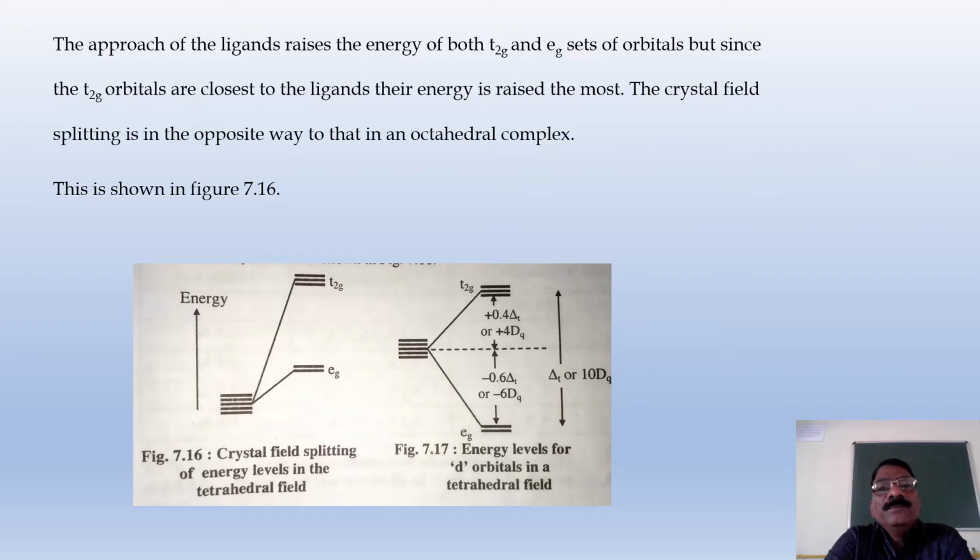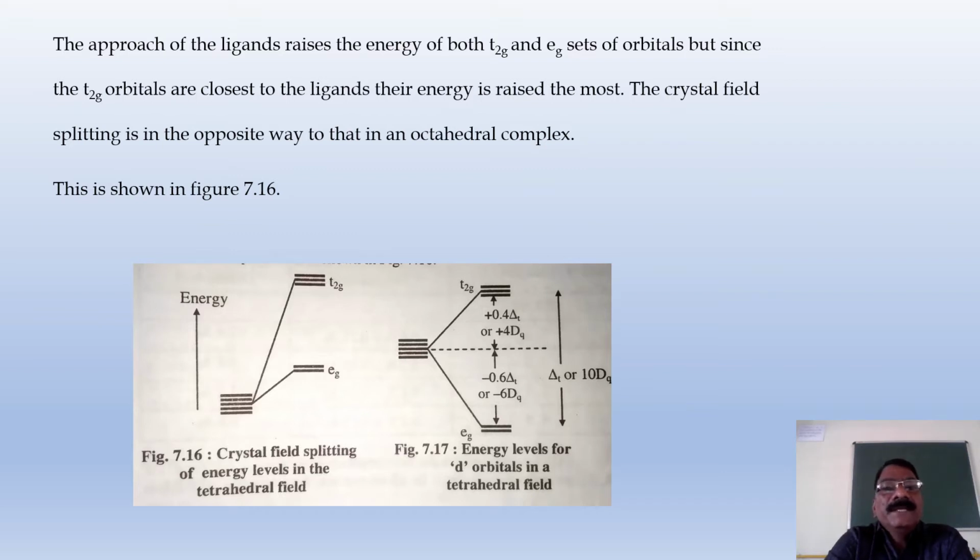The approach of the ligands raises the energy of both the t2g and eg sets of orbitals, but since the t2g orbitals are closest to the ligands, their energy is raised the most.